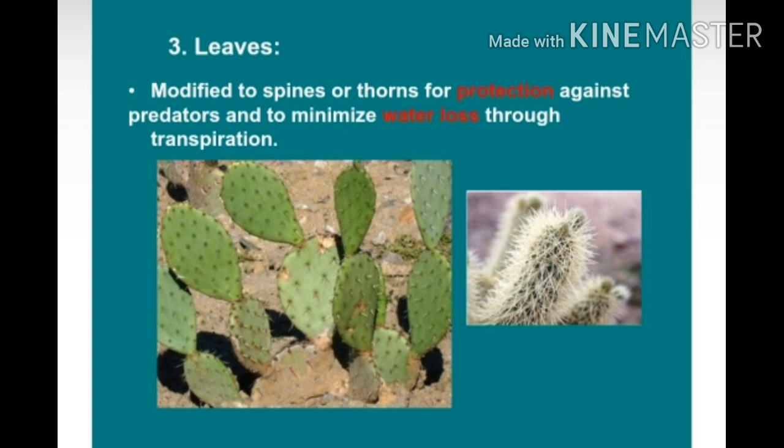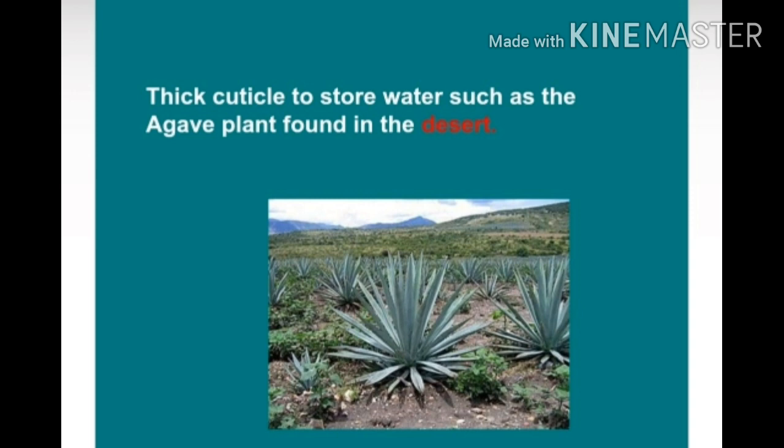Its example is the cactus plant. Some plant leaves have thick cuticle to store water, such as the agave plant found in deserts. It has thick cuticle so that the loss of water can be prevented.